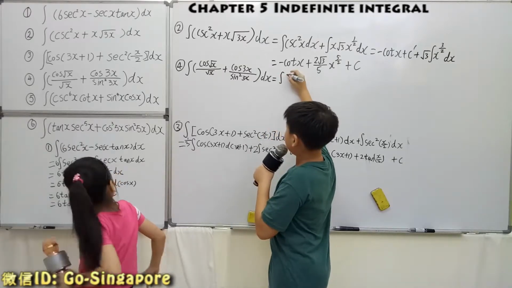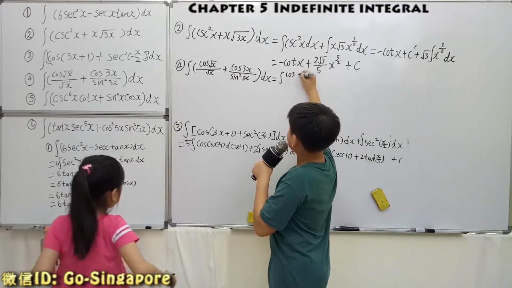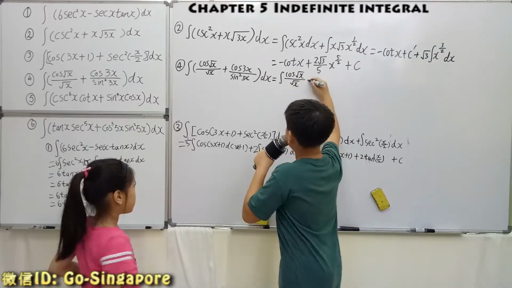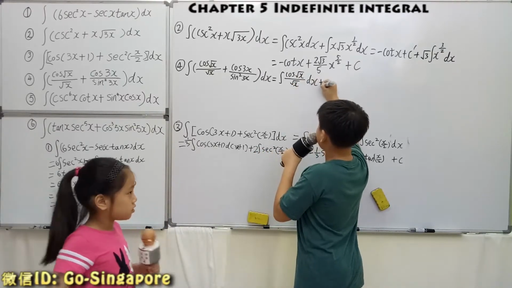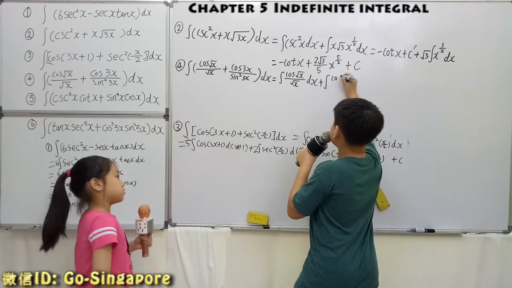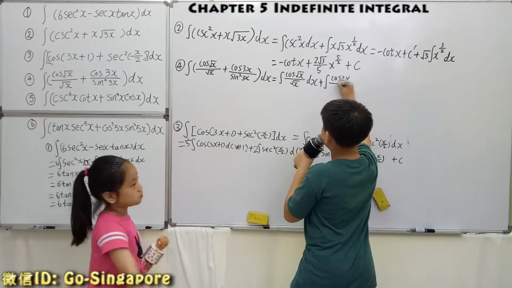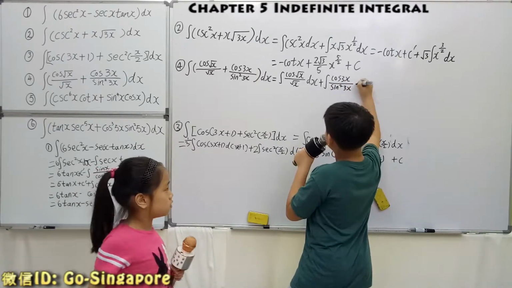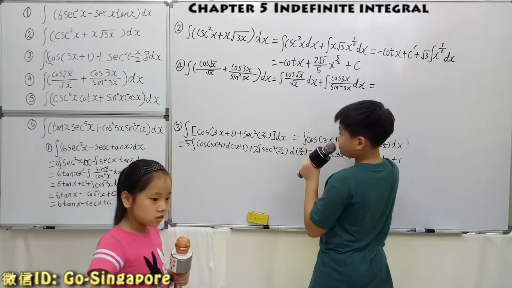So this will be an integral of cosine square root x over square root x dx plus the integral of cosine 3x over sine square 3x dx.